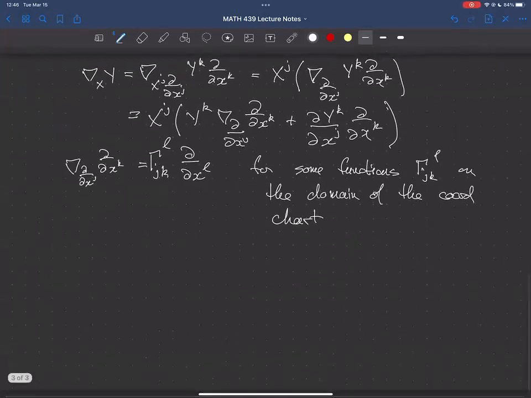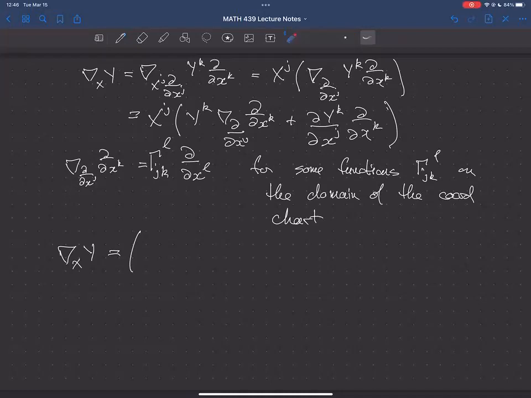Okay, having now written that, let me rewrite what I had up here. So nabla x y is, and now I'm going to relabel some indices here so that I can pull a basis vector field out front. I'm going to call this index L so that it matches that one.